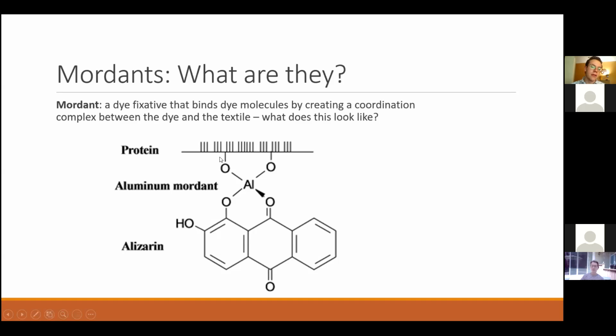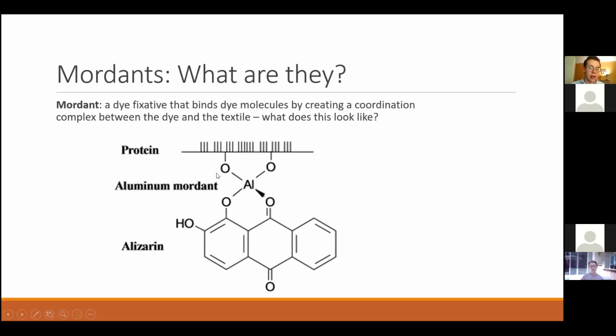And instead of creating weak hydrogen bonding interactions between the molecules, it creates stronger coordinative bonds between the metal and the dye molecule and the metal and the textile.